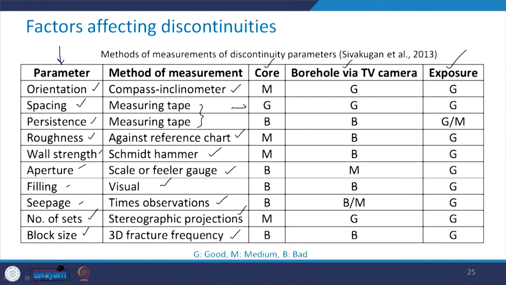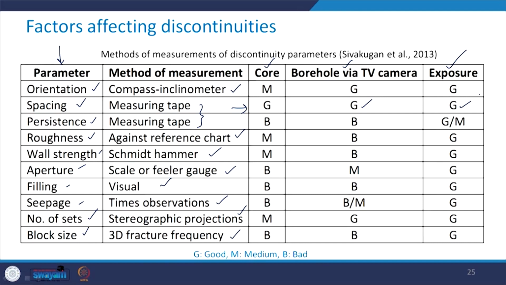If you just see, as far as spacing is concerned, whether you take core, borehole via TV camera or the exposure, you can measure it with very good quality and quite a lot of precision.